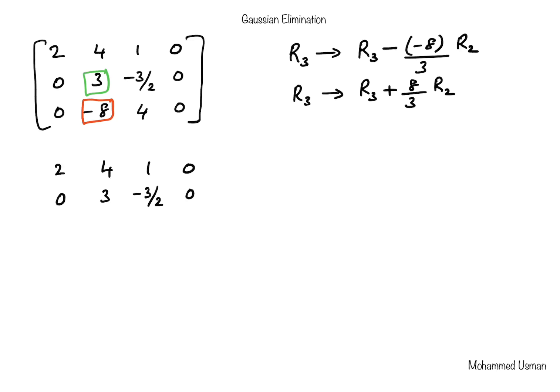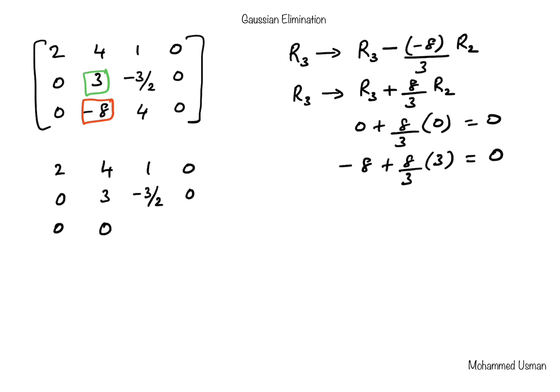So for the first position, it will be R3 and the corresponding R2. We are going to substitute these element by element and find the new values for R3. So the first number will be 0 plus 8 by 3 into 0, which is equal to 0. The second one will be minus 8 plus 8 by 3, and the corresponding R2 is 3. So 3 and 3 will cancel. So minus 8 plus 8 is 0.